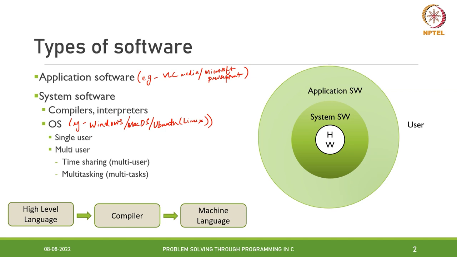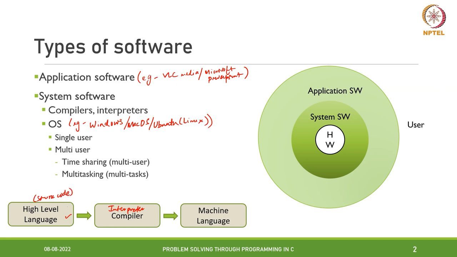And there are the compilers and interpreters that we talked about the other day, which help you in converting the high level language to the machine level language. Both compiler and interpreter do this job. It converts the high level language, which is your source code, and this is what we write the code in.